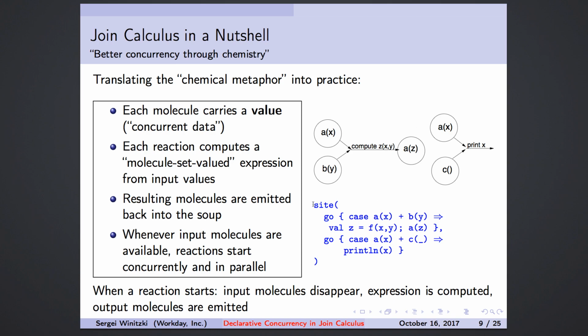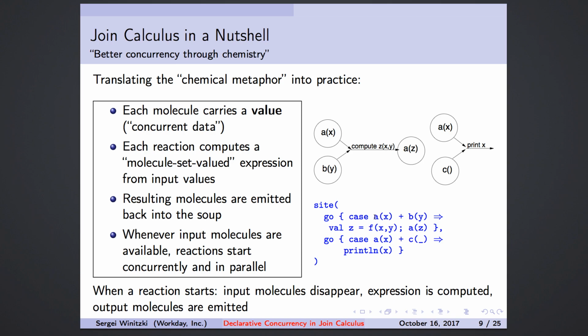Here is the code I'm writing in the syntax of Chymyst, the library that I will present, which implements this computation. So there are two reactions. Reactions are written as partial functions using this go macro.